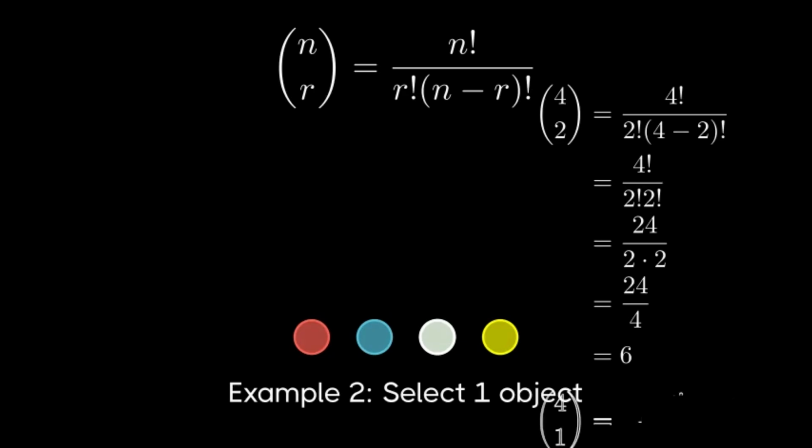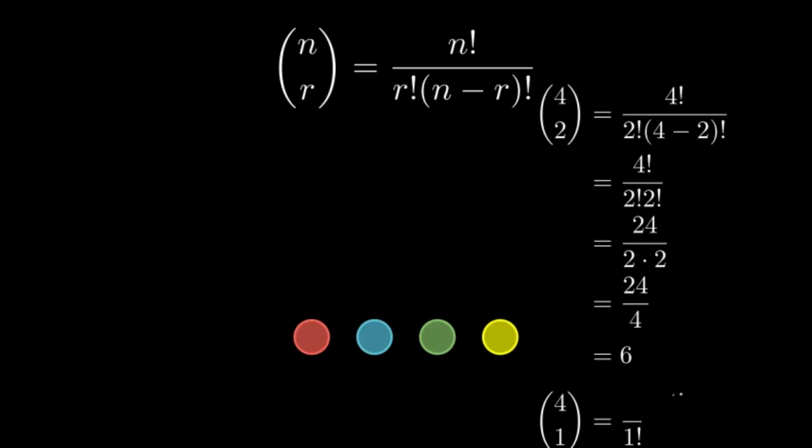Applying the combinations formula, we get 4 choose 1, which equals 4 factorial divided by 1 factorial times 3 factorial. 4 factorial is 24, 1 factorial is 1, and 3 factorial is 6, so we get 24 divided by 6, which equals 4. Again, the formula confirms what we intuitively expected.